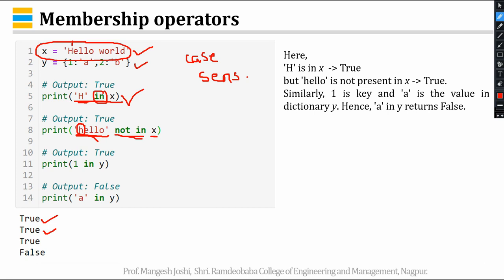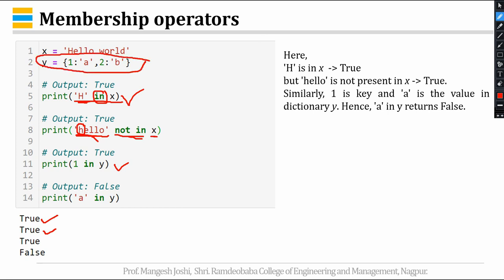Similarly, the third statement, that is print 1 in y. It will search in y, which is a dictionary. It will compare 1, which is an integer, to the integer keys. Again it will be found, so it will display true.